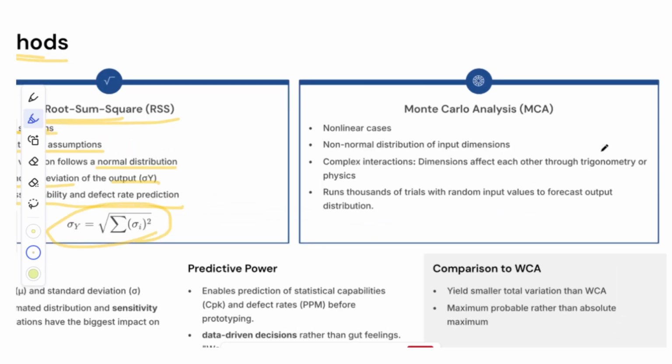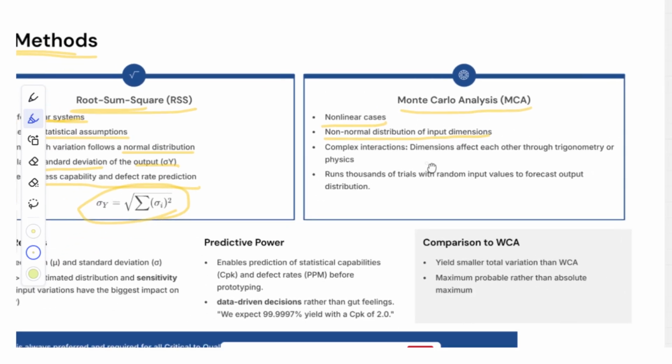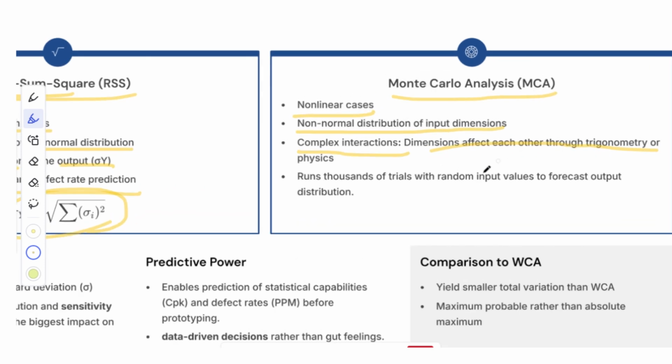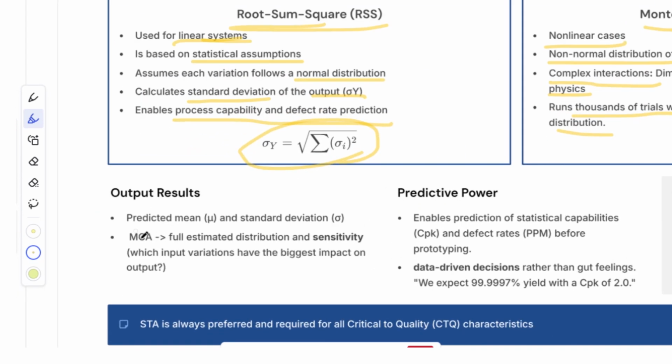The Monte Carlo analysis is used for nonlinear systems, and also it can handle non-normal distribution of inputs. It gives a forecast of distribution for the dependent variable, and basically how it works, it runs thousands of trials. It assigns random values to inputs, your x's, based on their given distribution, and it returns the full estimated distribution for the dependent variable.